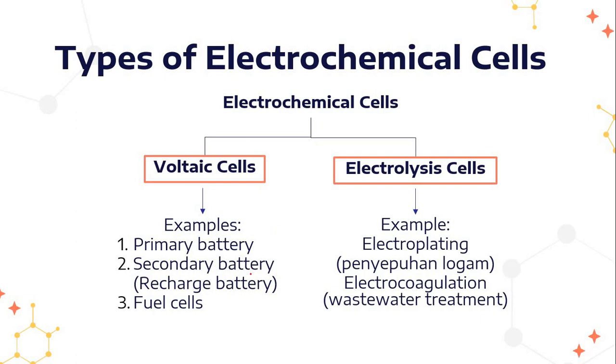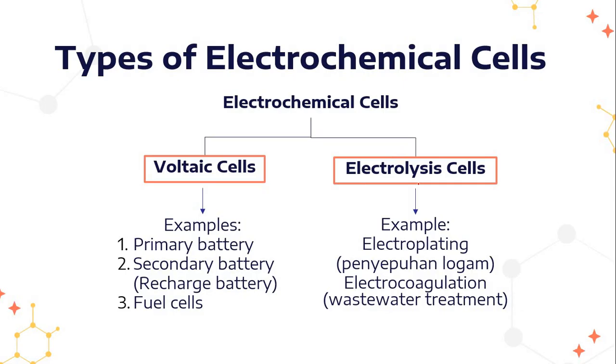The second one is the secondary battery, also known as a rechargeable battery, for example, the laptop charger and handphone charger that we usually use in daily life. And the third is fuel cells. The next is electrolysis cells.